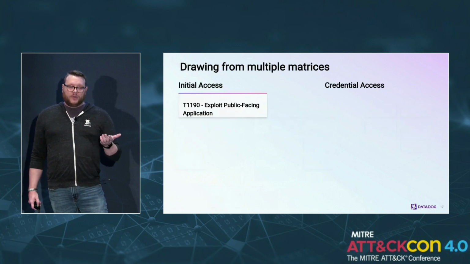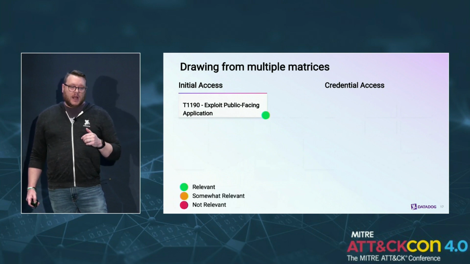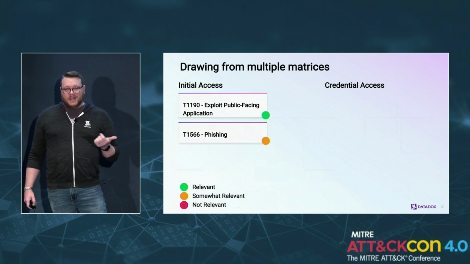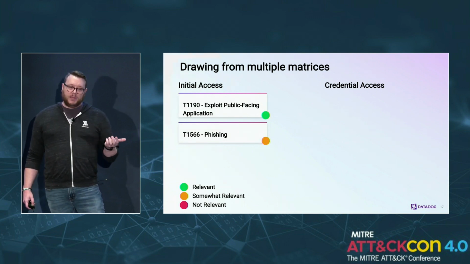If we're drawing from multiple matrices, we can start with the Linux matrix itself. Relevant, we have exploit public-facing application. That's always going to be relevant. Then we see something like phishing that is somewhat relevant, not directly to the workload, but from a developer's standpoint of trying to get their credentials.